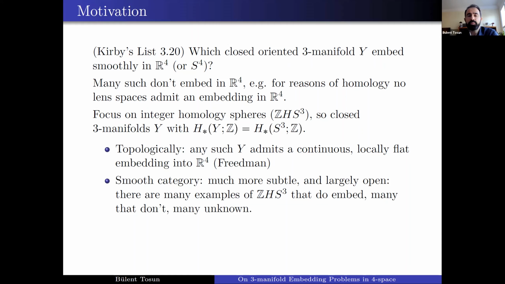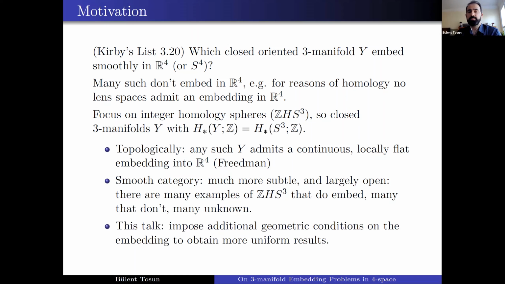So what we will try to do today is impose additional geometric conditions on the embedding. In that case, we think of R4 either with its standard symplectic structure or as C2 with its complex structure, and then think about getting maybe more uniform results via these extra conditions.